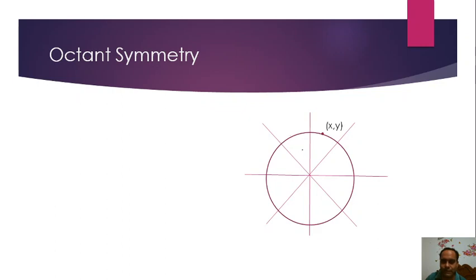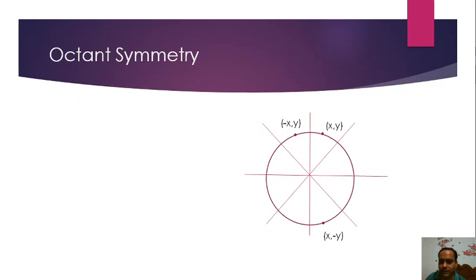If we find out the coordinates of a point x y on the circle, let us suppose this point lies on the circle and its coordinates are x y, then by doing a little change in it, for example negating the value of x, getting minus x y, will be another point which will be symmetrically opposite across the y axis, and it will be lying on the circle. And if we negate the y coordinate, means we get x minus y, we will have a point which again will be lying on the circle.